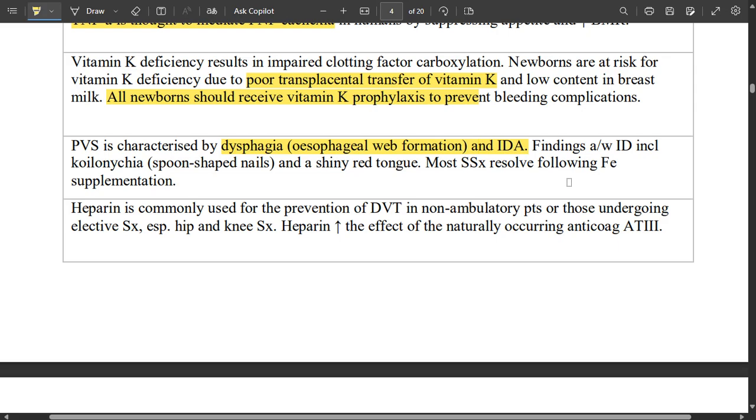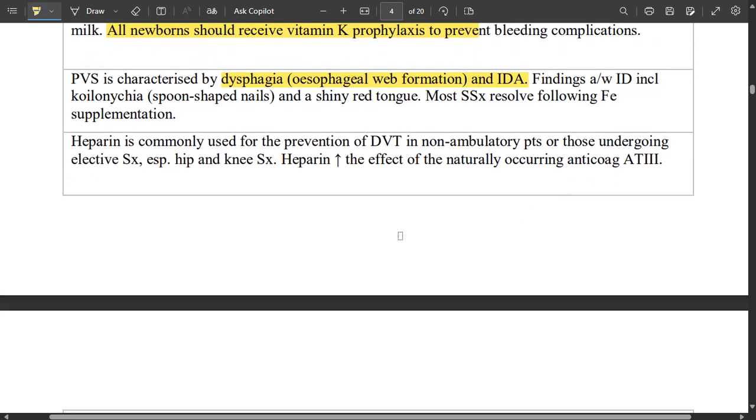Findings associated with iron deficiency also include spoon-shaped nails, and there is a test called the bead test: a bead is kept on the nail and it is seen whether or not it falls. In a normal nail it falls, but in spoon-shaped nails it stays. There is also a beefy red, shiny tongue. Most symptoms resolve following iron supplementation. So iron deficiency is the root cause of Plummer-Vinson syndrome, and supplementation treats it.